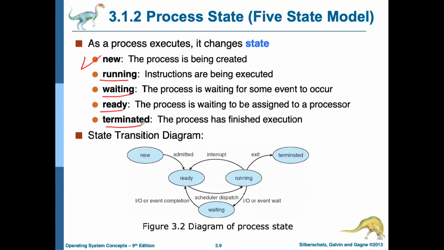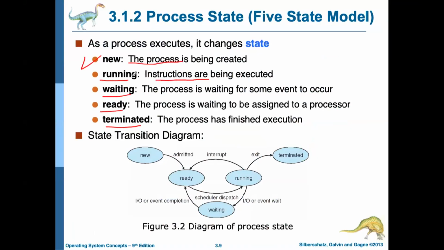For every state, like new, it means the process is being created. When it moves from new to running, there is an instruction to invoke or execute it, as I told you before. So instructions are being executed, and it moves from the new state to the running state.